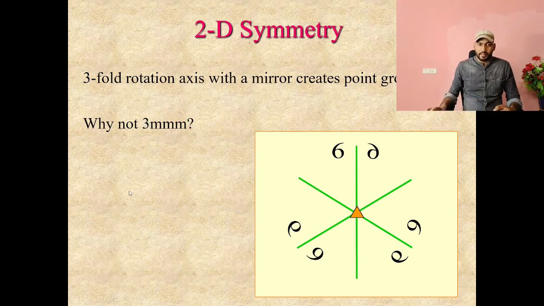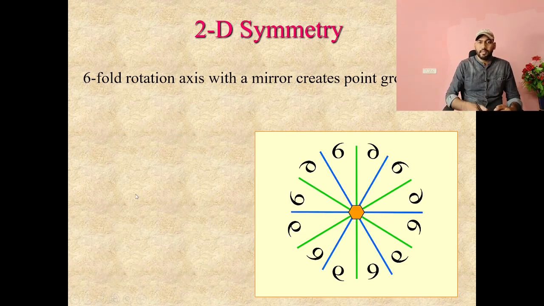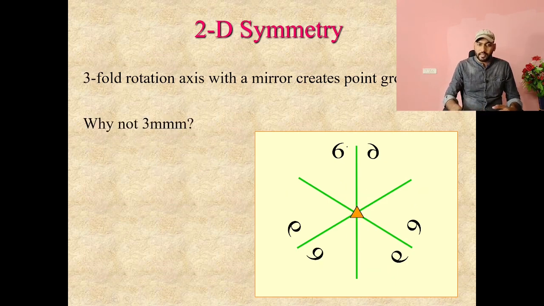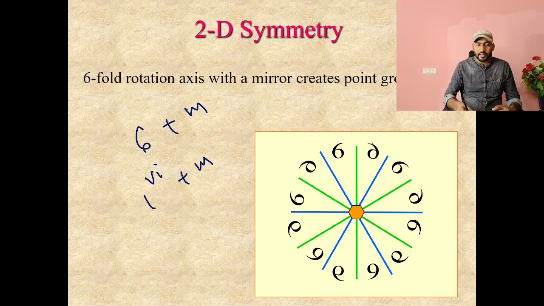The next example is sixfold rotation and mirror plane. One axis with sixfold rotation, belonging to hexagonal system, and one mirror plane. If we combine, what will be the result? This figure is the resultant. Let's start as we started for twofold, threefold, fourfold.